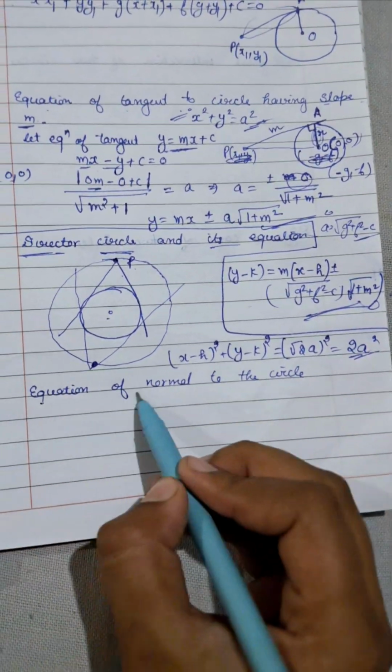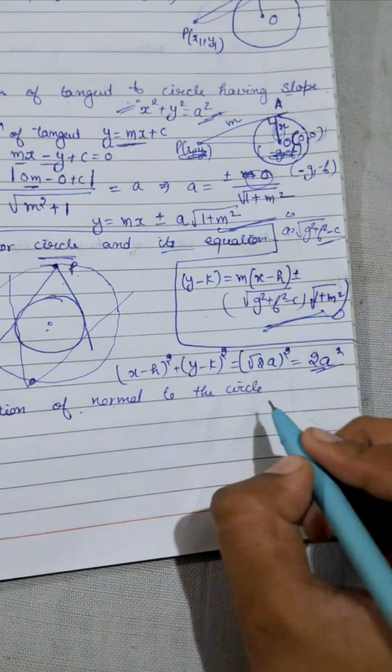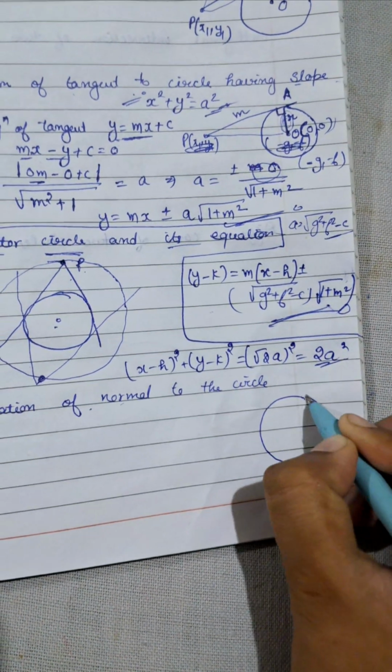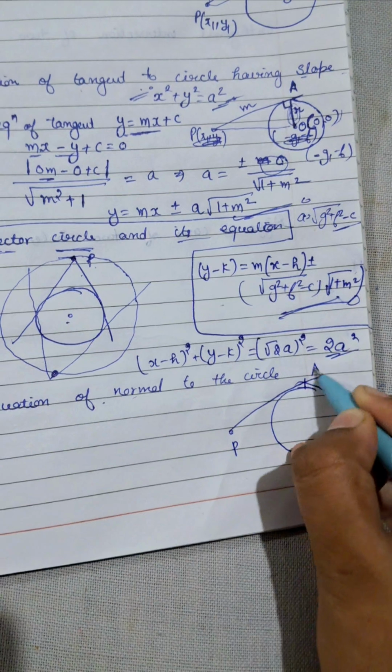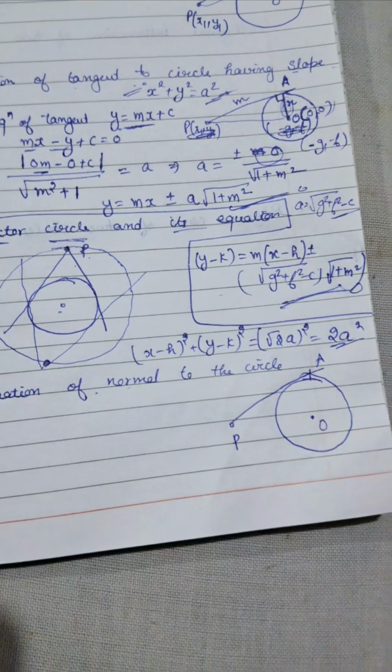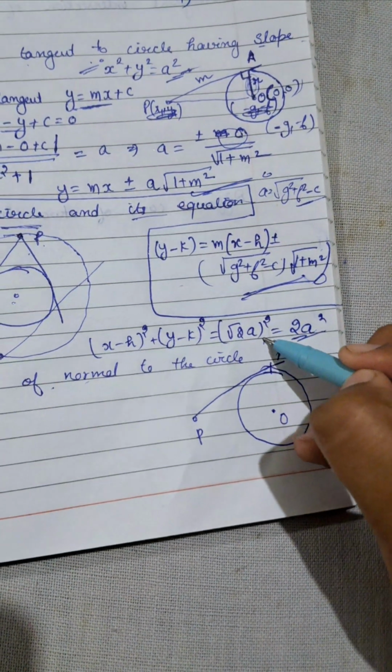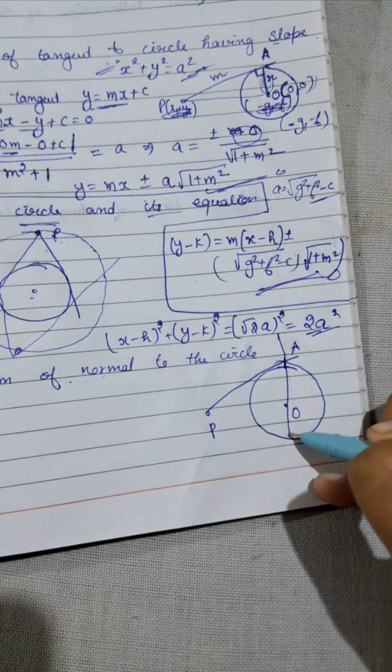Next topic is equation of normal to the circle. It is very easy. Suppose let's take some tangent at point A, and this is our center O. Now normal is always perpendicular to the tangent, and it passes through the center.